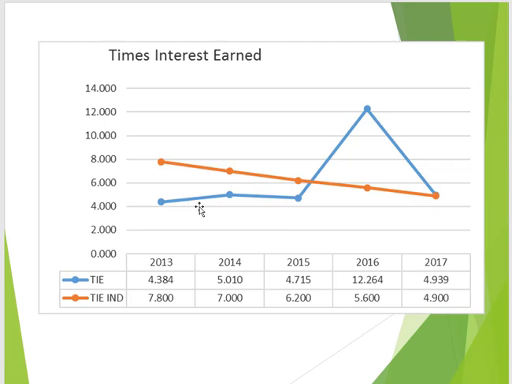So it's showing that in general, the company here has less ability to make payments on their debt than the industry does. But the industry is on a downward slide. So there is a definite decline over time in ability to pay by the industry. And the company, again, with the exception of 2016, has kept pretty steady.